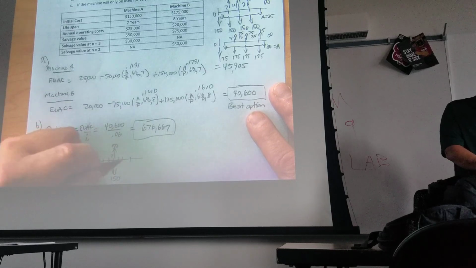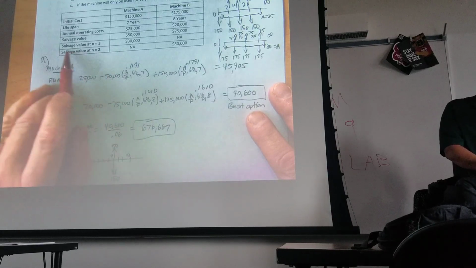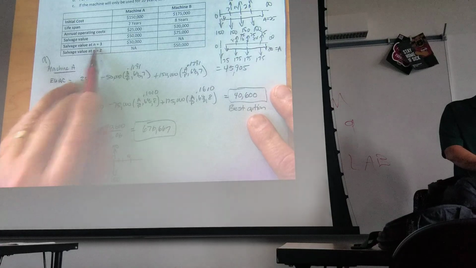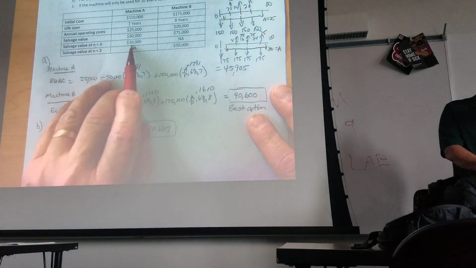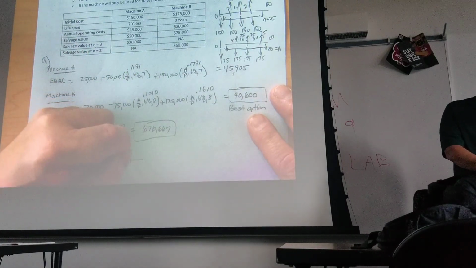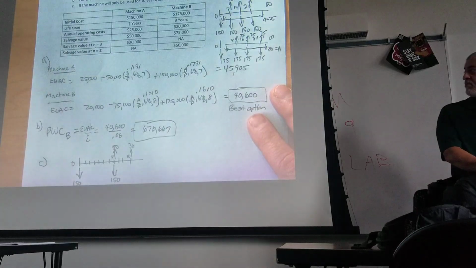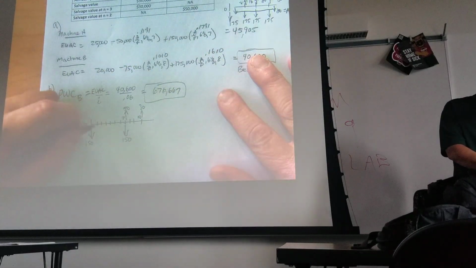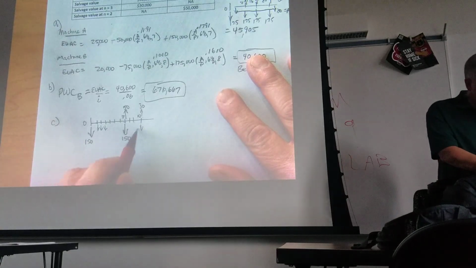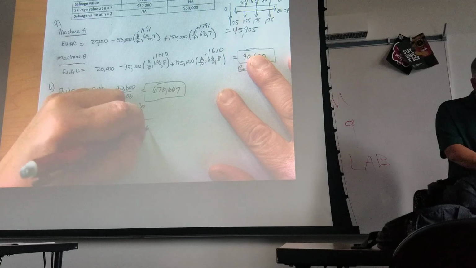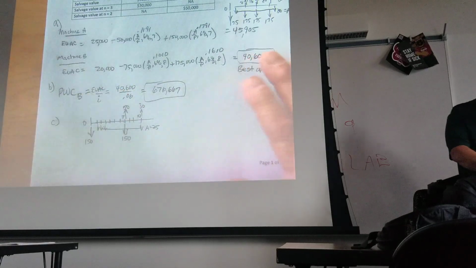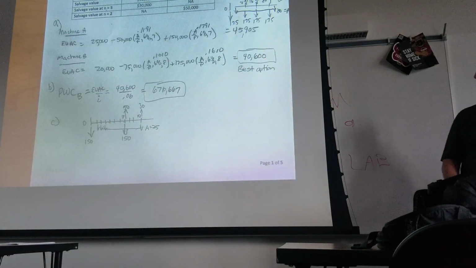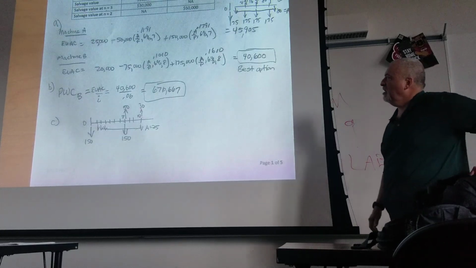And then a salvage at 10, that's 3 years later, of 30,000. And an annual cost is still 25,000. Okay, so we have to approach this one differently because we have a definite endpoint and it's 10.